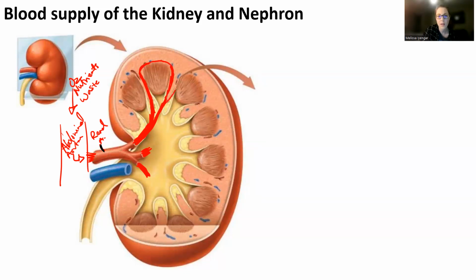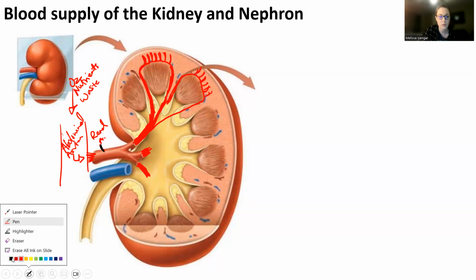Okay. So you might have multiple branches coming off and looping around like that. Coming off of the artery that arcs, you're going to have smaller arteries that radiate up into the cortex. So kind of like making eyelashes on top of the renal pyramids. So it'd be like that, essentially.